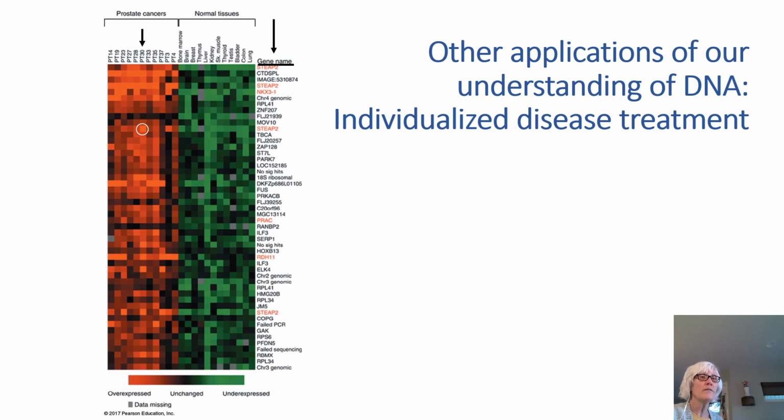Therefore, we can individualize treatment based upon this patient's prostate cancer because this patient's prostate cancer is different from another patient's prostate cancer. This is the wave of the future in cancer treatments. These are just some of the ways in which manipulating genes can have an impact on our lives.